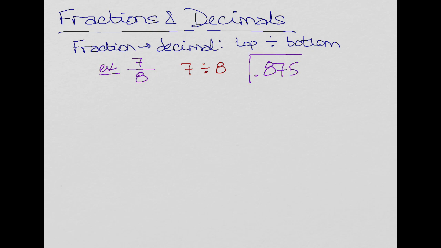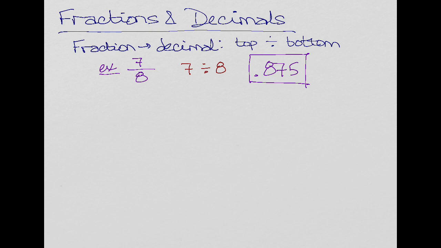Depending what numbers you have, you might get a whole bunch of decimal places, in which case you might want to round at some point rather than have to write down a whole bunch of decimal places. But this one happens to be exactly 0.875. I get 0.875 and then it stops. So changing a fraction to a decimal, the top divided by the bottom.